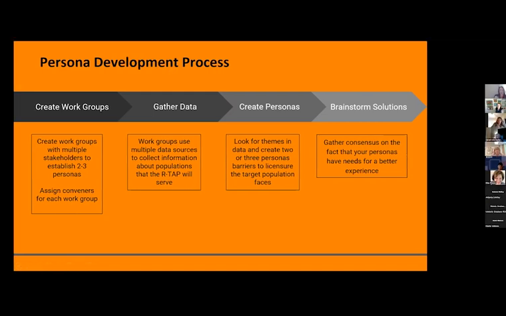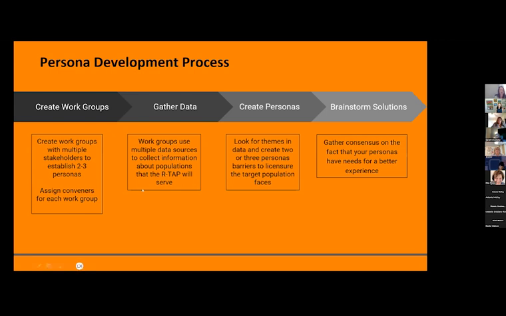Work groups come together, and that's when they create those personas. So they analyze the data and look for those themes and what are the key takeaways for the development of a couple of personas. Again, really empathizing with those users to really understand what the barriers are that they face in obtaining licensure and other barriers that might get in their way.